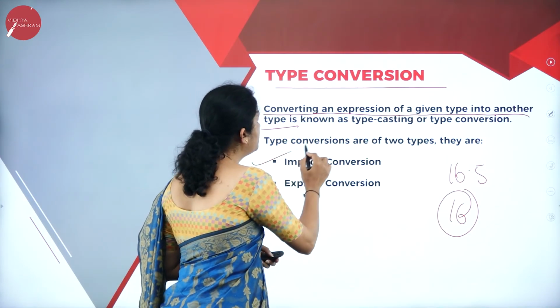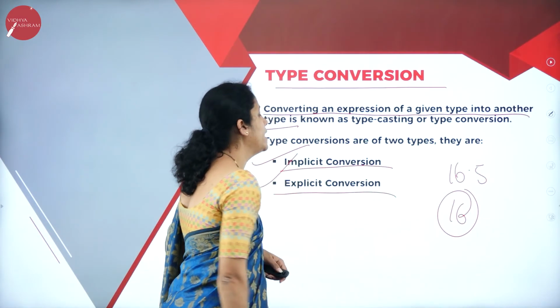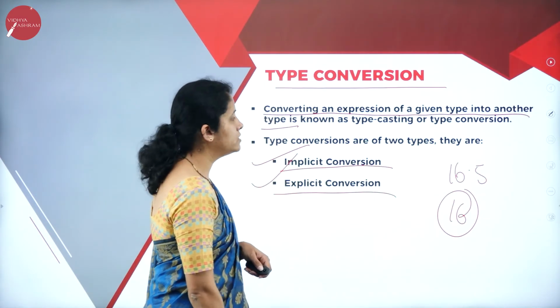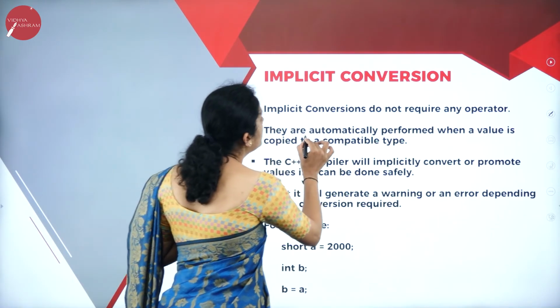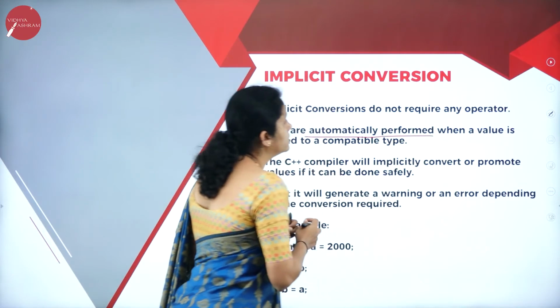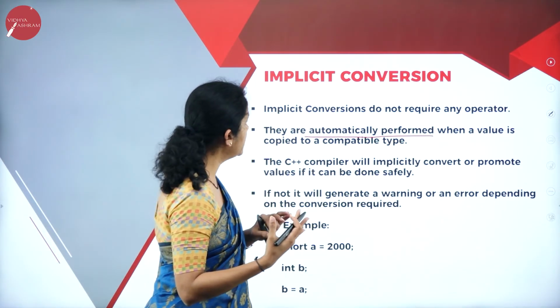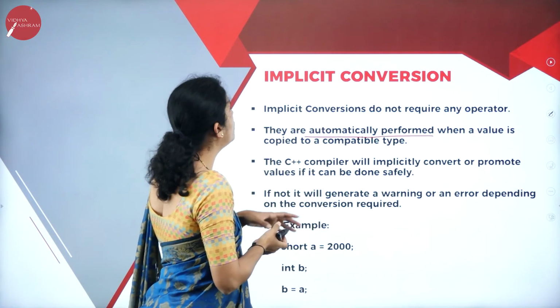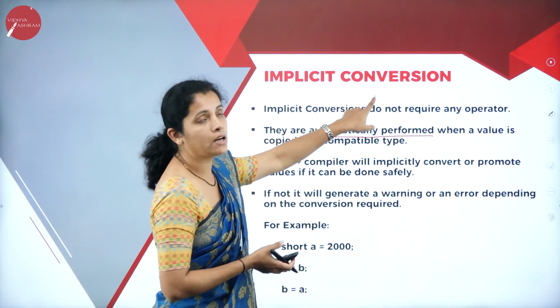There are two types of conversion, that is implicit conversion and explicit conversion. So what is implicit conversion? The conversions are carried out automatically, and those kinds of conversions are called implicit conversion.